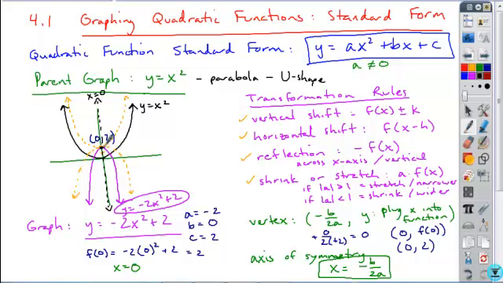In this purple graph, it's the highest possible y value, so that's a maximum. If we were talking about this parent function, would the vertex be a maximum or minimum? Here the vertex would be the lowest possible point, so that would be a minimum. All right.